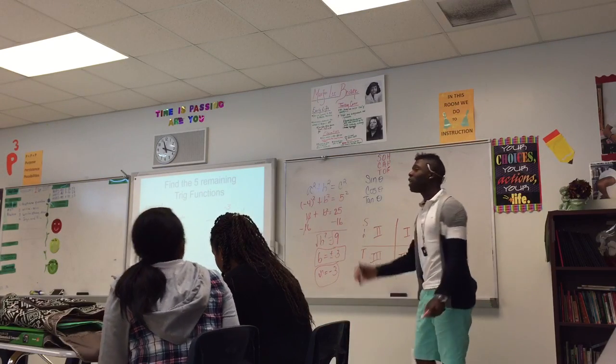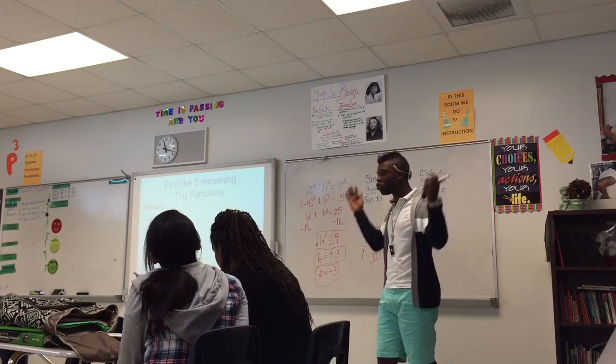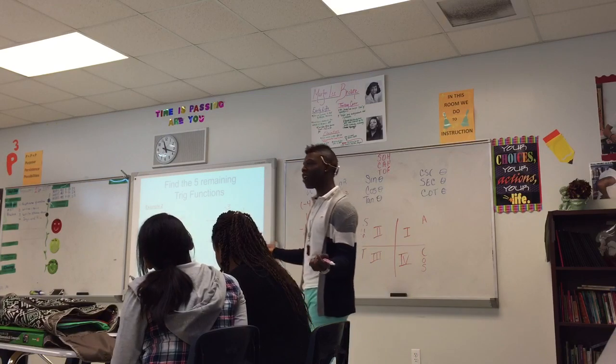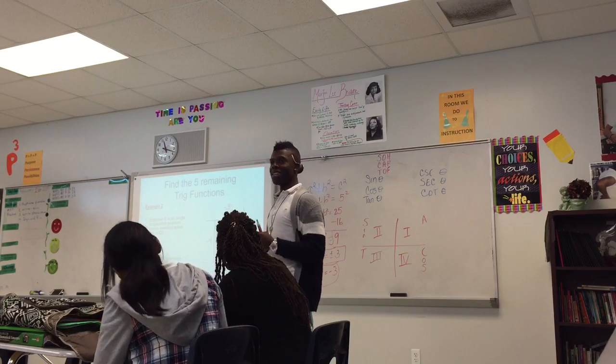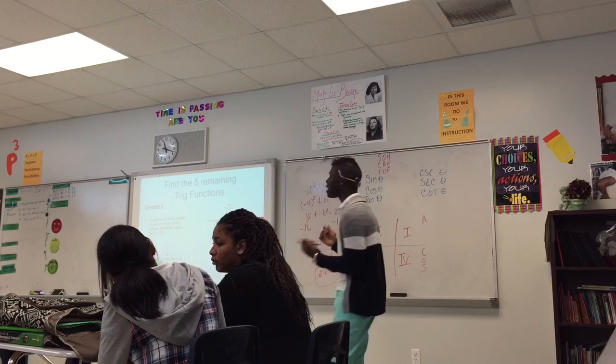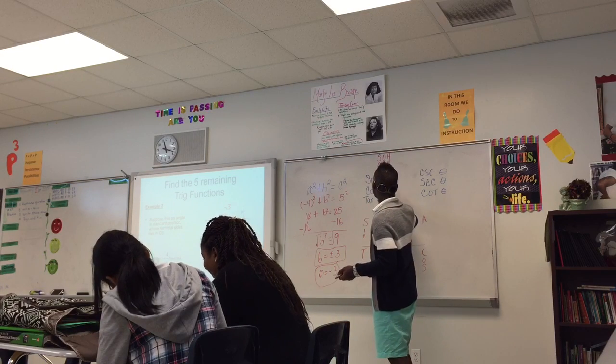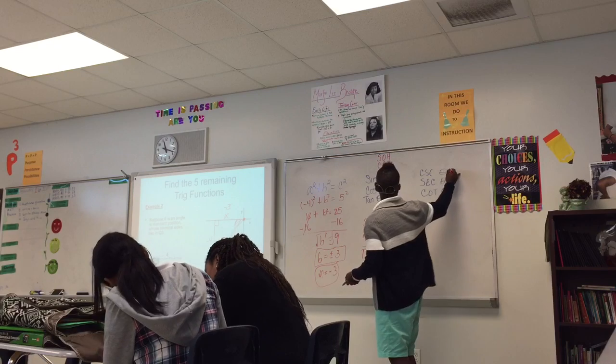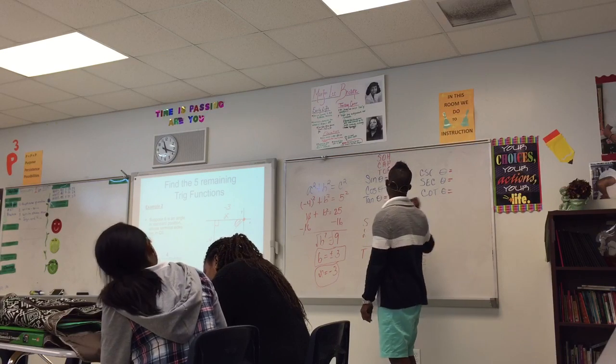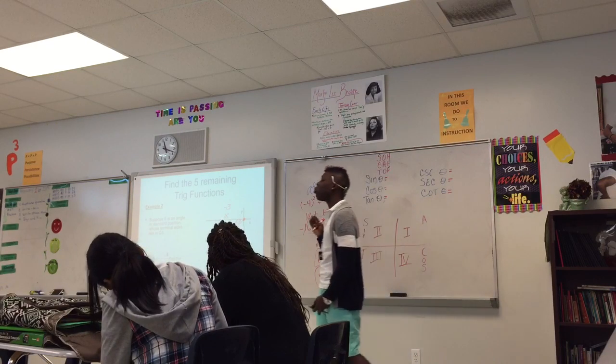So now we can find our 6 magical trigonometric functions. Aren't you all excited? I'm excited. Sine of theta, cosine of theta, tangent of theta, cosecant of theta, secant of theta, cotangent of theta.